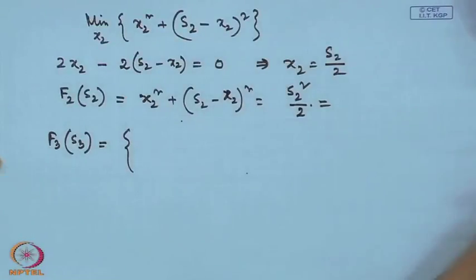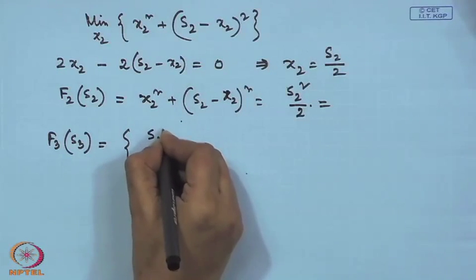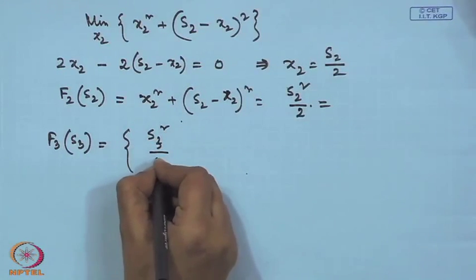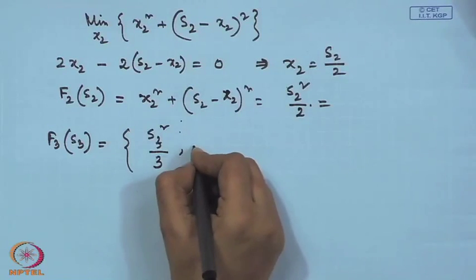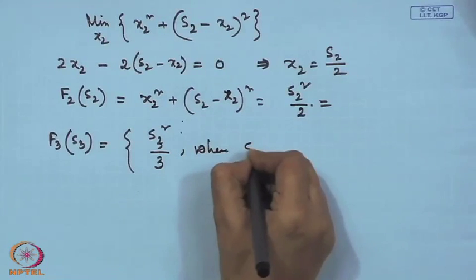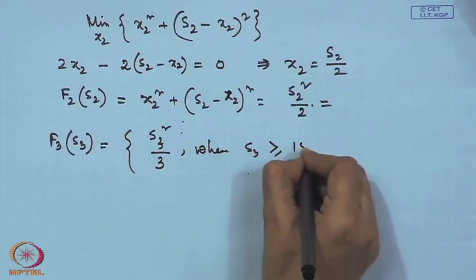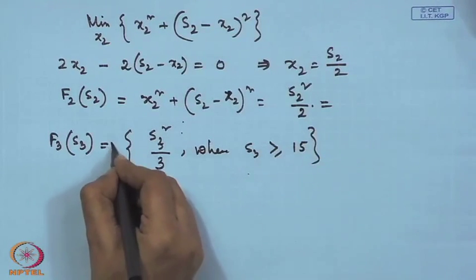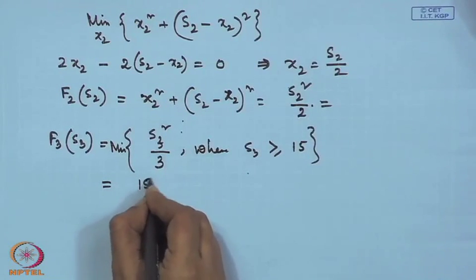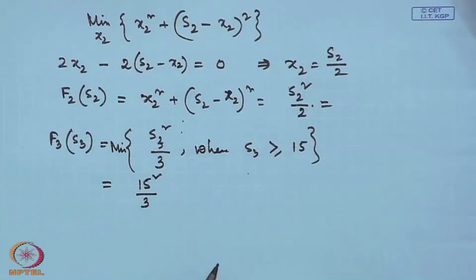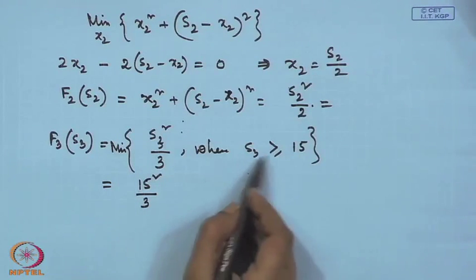Thus, we can say that the minimum is attained as s3 square divided by 3, and here there is a condition that s3 is greater than or equal to 15, minimum of this, then certainly it would be 15 square divided by 3, that is the optimal value, s3 is equal to 15.